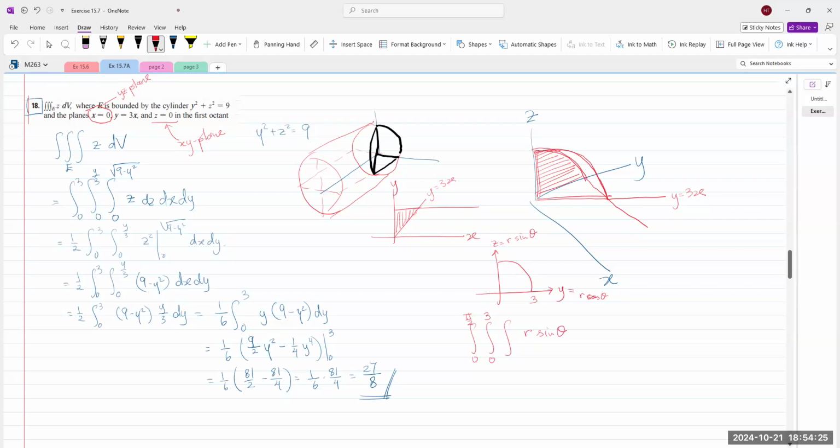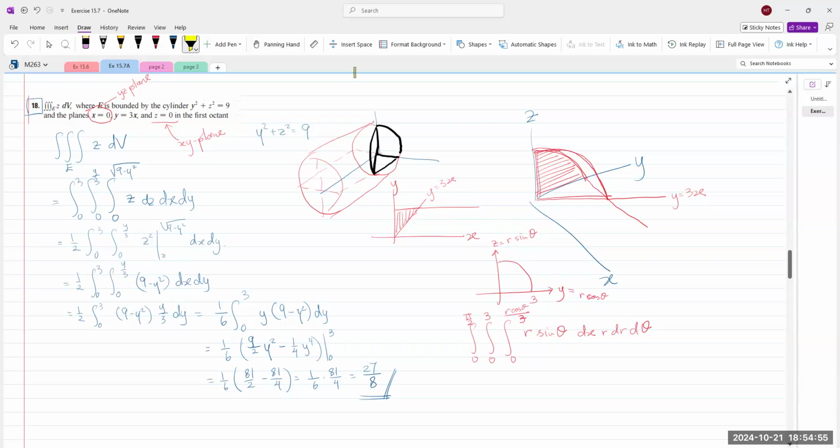While the x will be from 0 to y over 3, which is r cosine theta over 3. Over 3, not over 2.